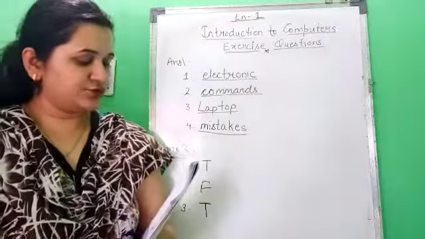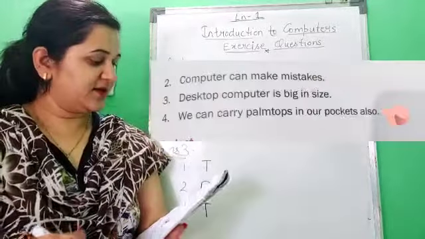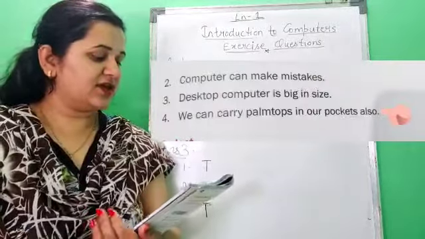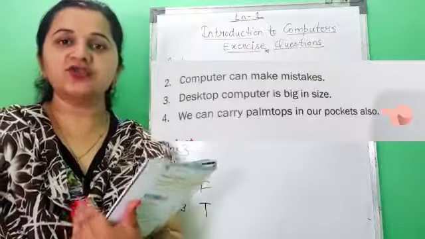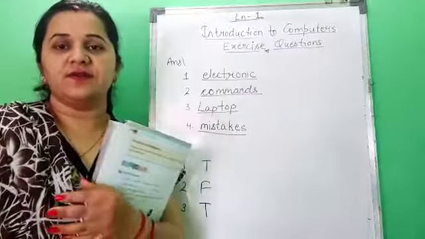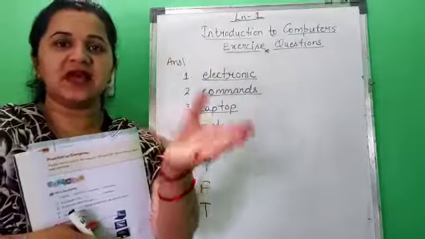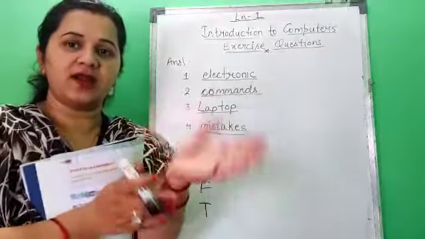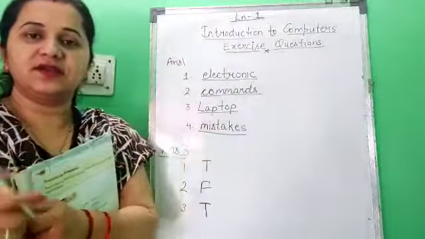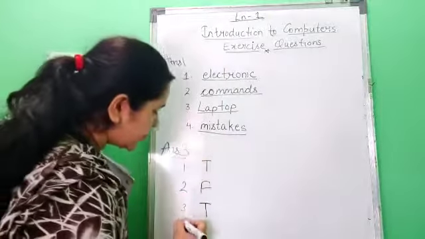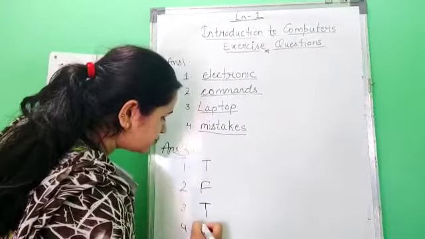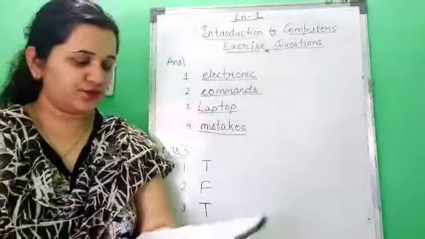So write down true, T. Okay. Then come to the 4th point. We can carry palm tops in our pockets also. Yes, children, palm tops are very small in size. You can hold them in your palm, on your hand like this. So they can be carried and you can keep them in your pocket as well. So write down true. This statement is true.